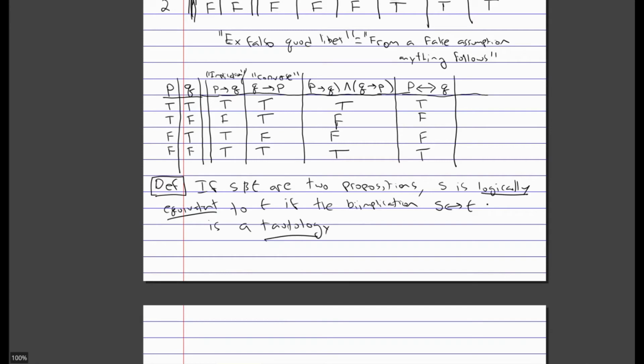And another way of writing tautology or contradiction, you can write something like this. This means that the biimplication, S implies T and T implies S, is a tautology.